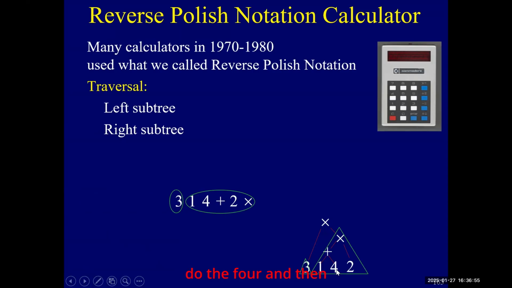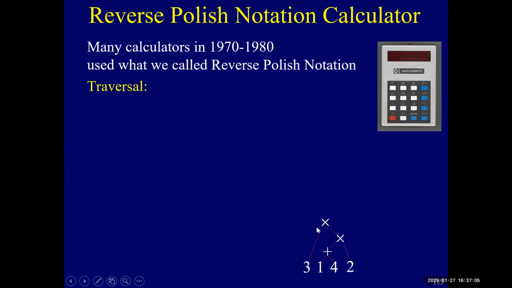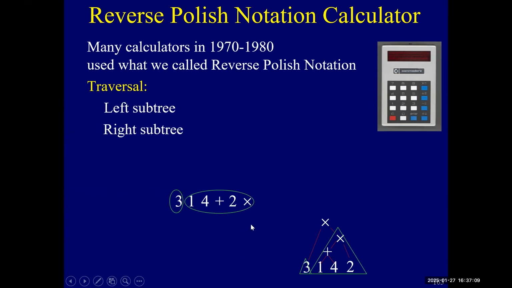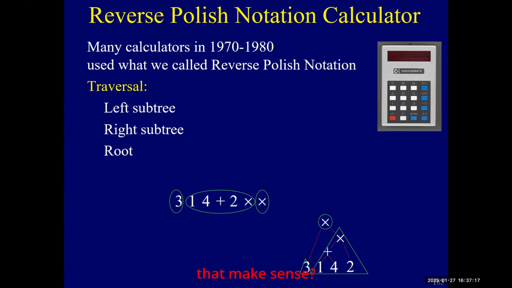So we have to do the 4, then the plus, then the 2, then the times, followed by this times. I'm doing brackets here, which means for this tree, we do the left child, then the right child, and then the times on top. Does that make sense? It has a recursive structure, but we're not doing recursion now.